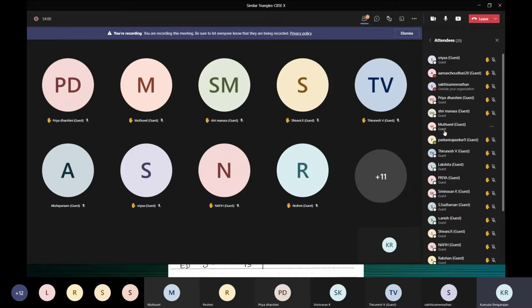Muttuvel answers when called. Manasa, never. Priyadarshini was active initially, not after that. Shakti is active. Arnav is active. Shriya is. So I can just mention a few names: Srinivasan, Parkavi, Shriya, Tirunesh, Arnav, Shakti.